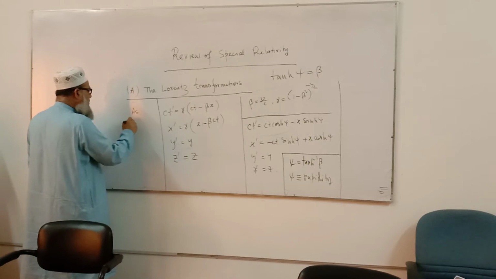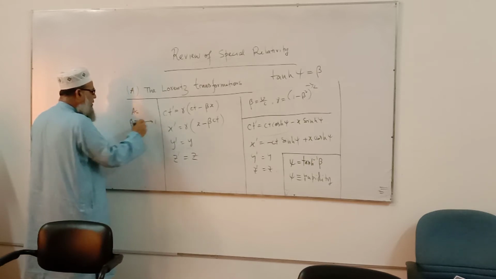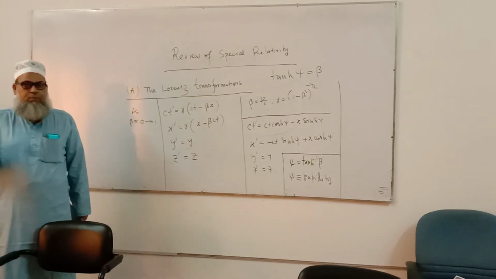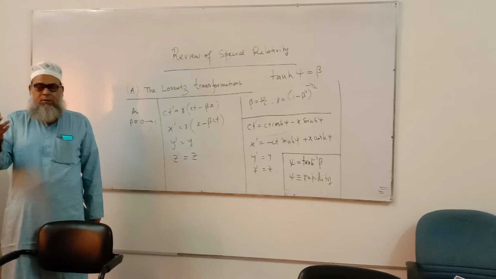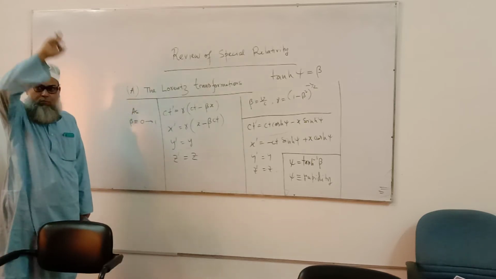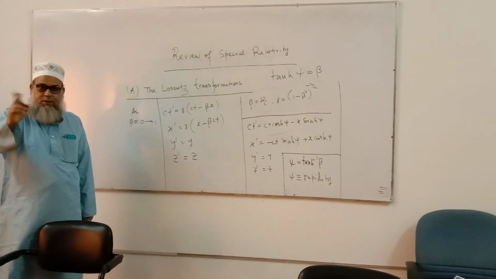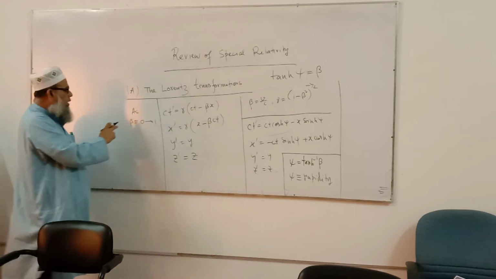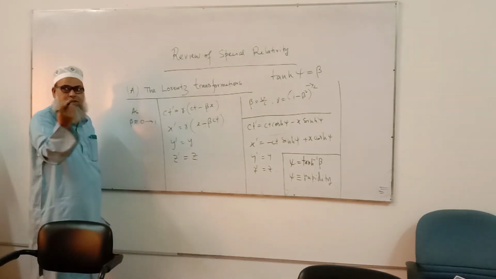As beta goes from 0 to 1, beta cannot be greater than 1 because that would be a velocity beyond c. V can be at most c, so beta can be at most 1, and if there is no velocity, it is 0.